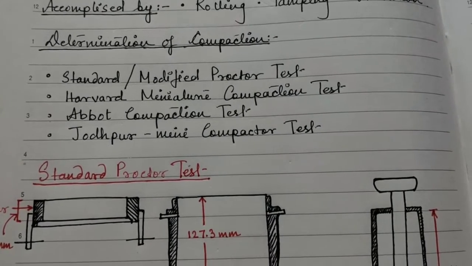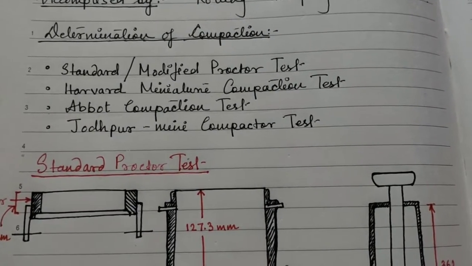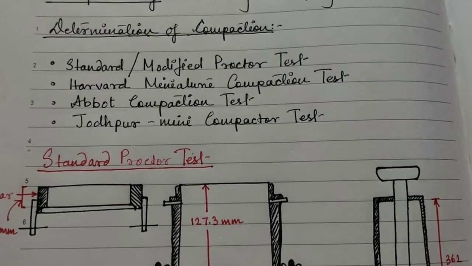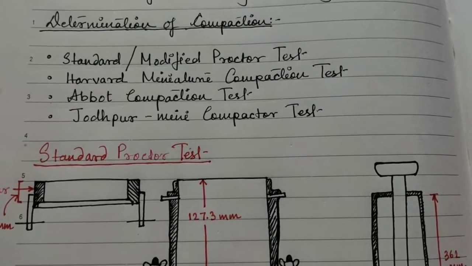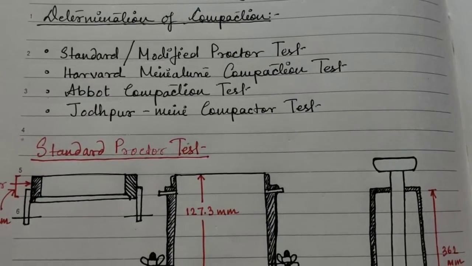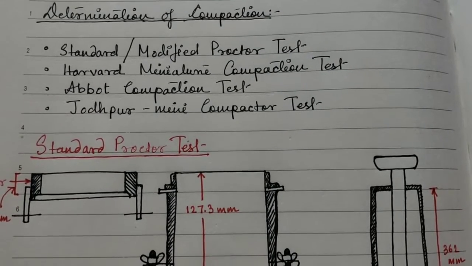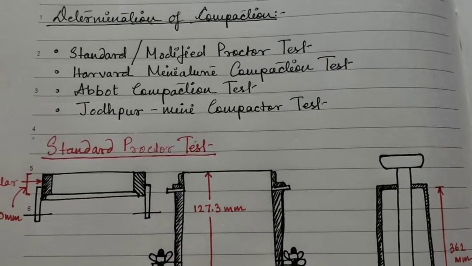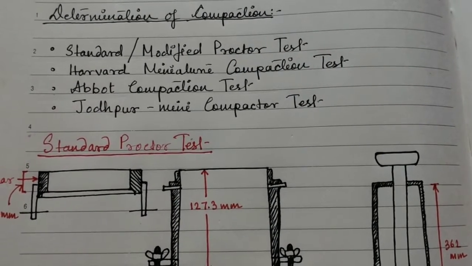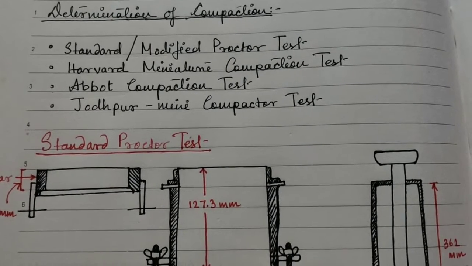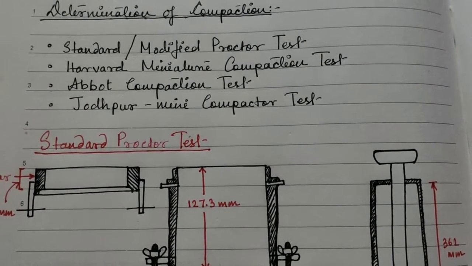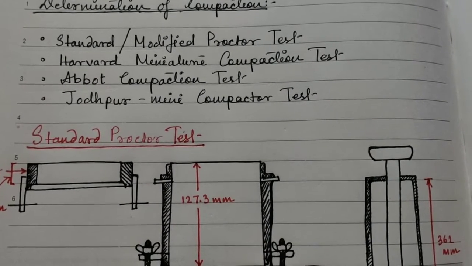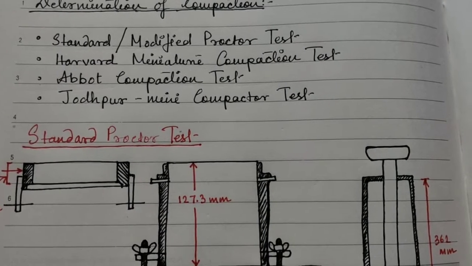How does water affect it? Suppose you take a very simple example: for building any kind of construction, you will see that some kind of white sand is used as filling material. After placing the white sand, you can easily see that it is tamped with a tamping rod, and along with the tamping, water is sprinkled on top of the white sand.